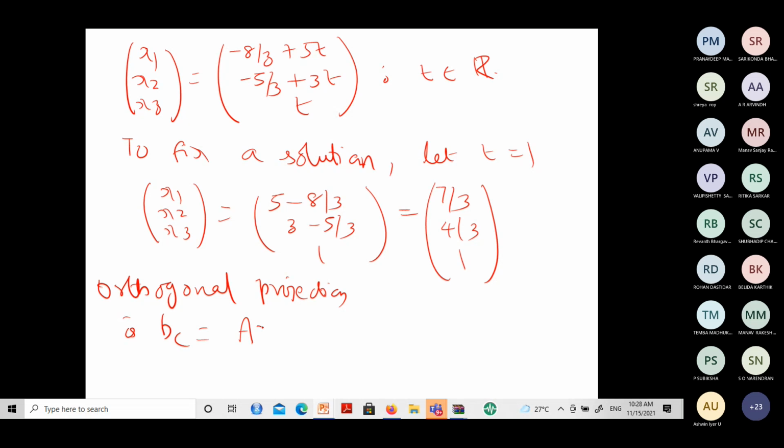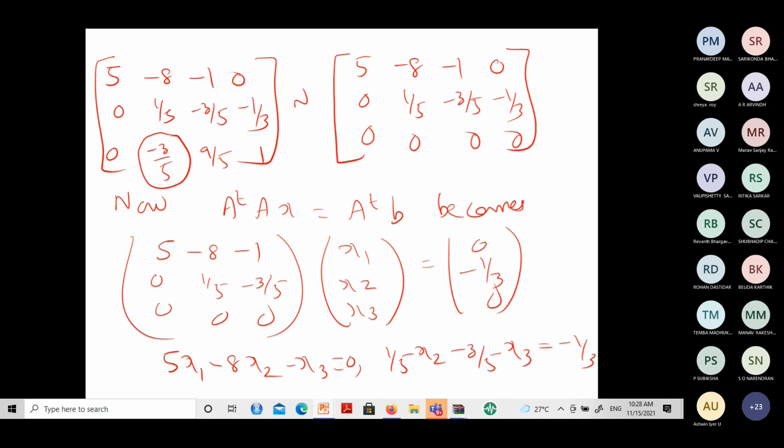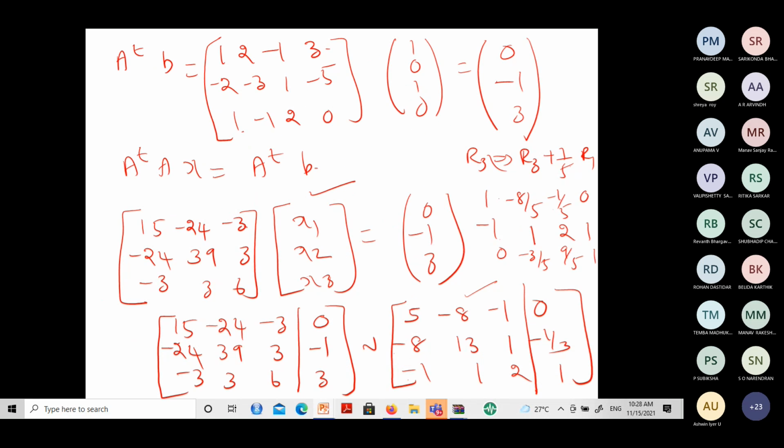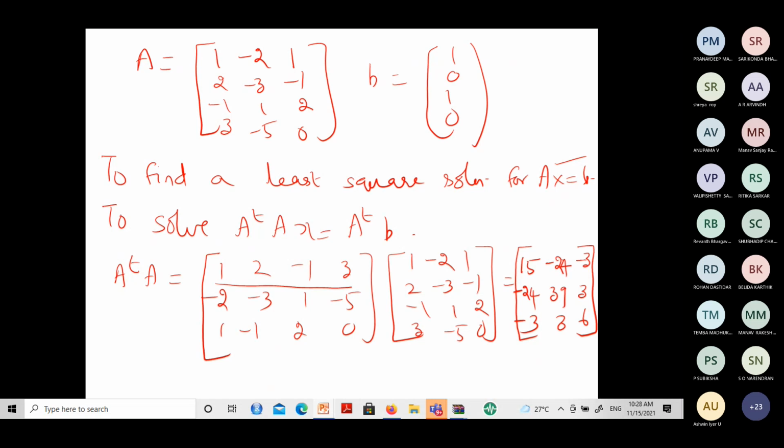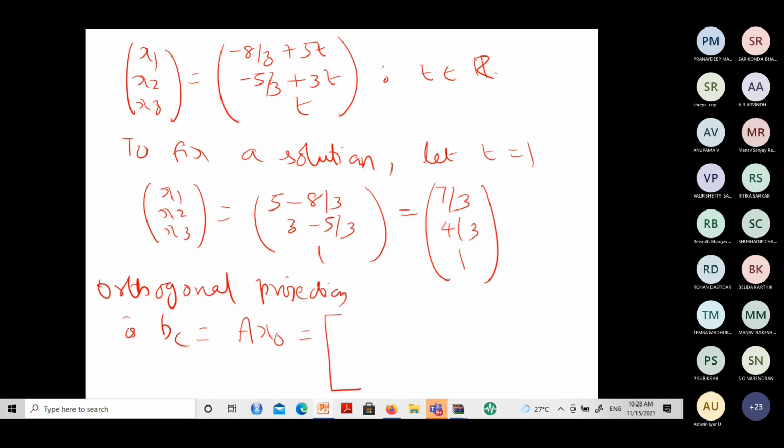What is your A? You have the matrix, right? 1, minus 2, 1. 2, minus 3, minus 1. Third row: minus 1, 1, 2. 3, 5, 0. Into 7 by 3, 4 by 3, 1.